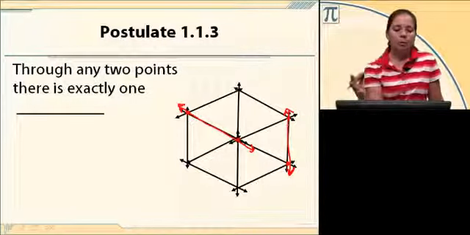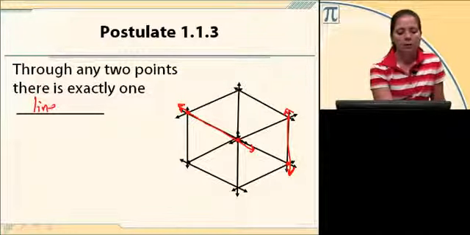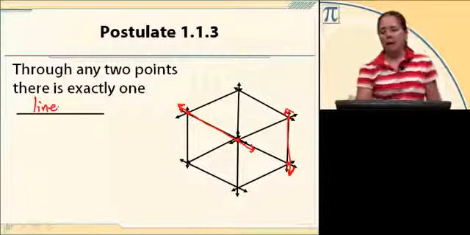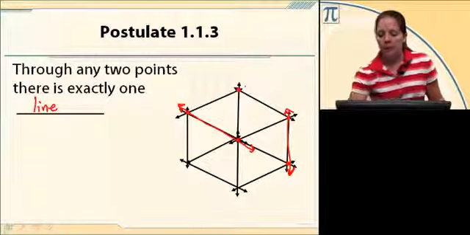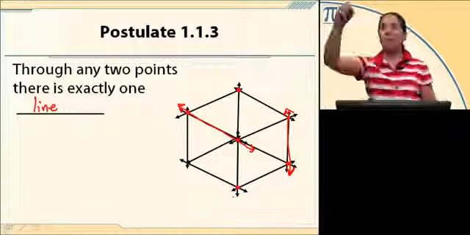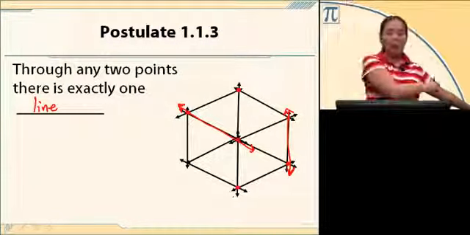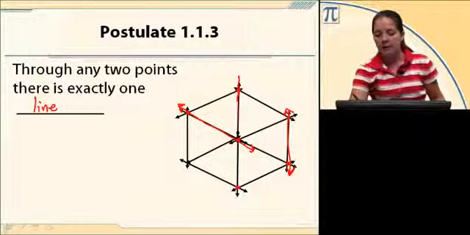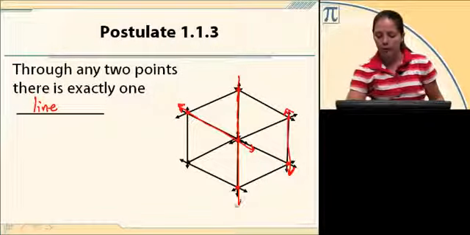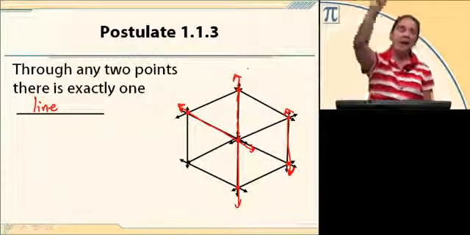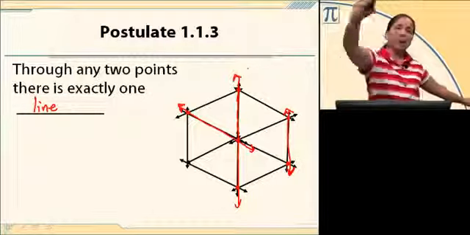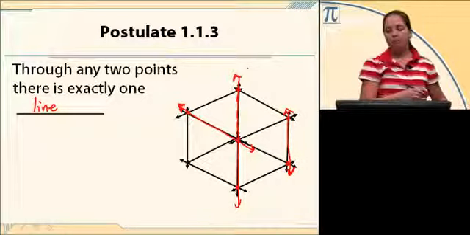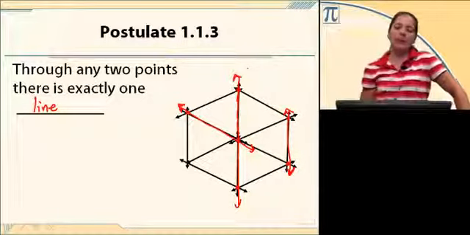Through any 2 points, there is exactly one line. Now, if I were to pick this point and all the way down to the bottom, from the upper corner to the bottom corner of a room, there's one line that's going to go through that. It's going to go through the center of the room all the way. Imagine this line crossing diagonally through the room. So through any 2 points, there is exactly one line.